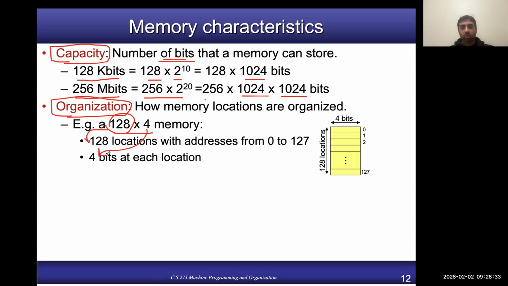This is how it looks: you have 128 locations shown in the form of rows, addressed using addresses 0 to 127, and each location can store 4 bits. That's why we say 128 cross 4.